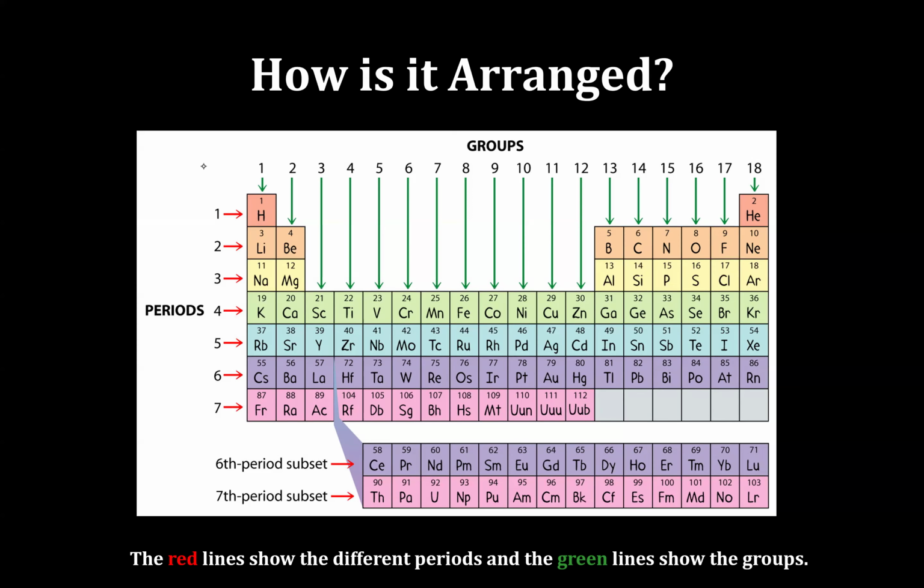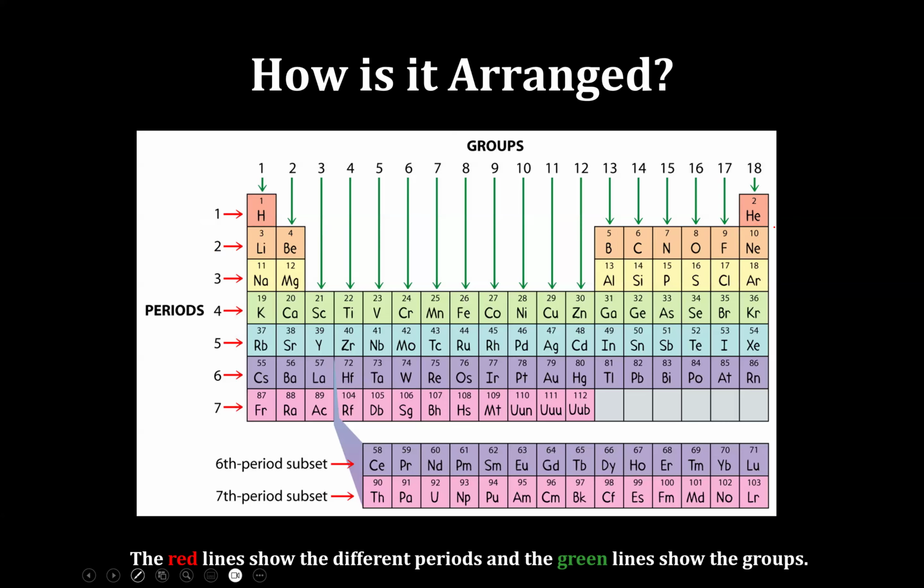In the periods, from left to right, period 1 goes from hydrogen, 1, to helium, 2. Then from lithium, 3, to beryllium, 4, then boron 5, carbon 6, nitrogen 7, oxygen 8, fluorine 9, and neon 10. That's how the elements are organized in a period.